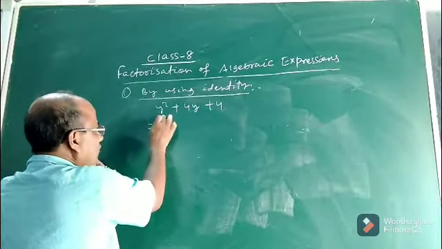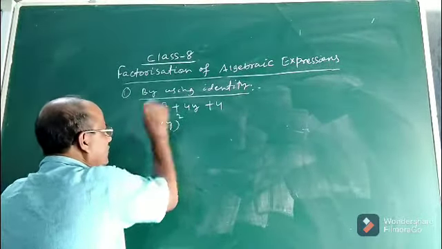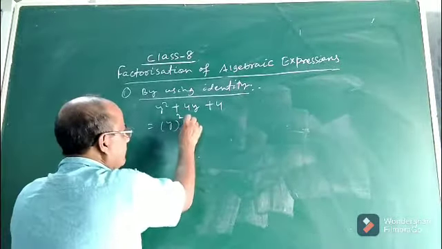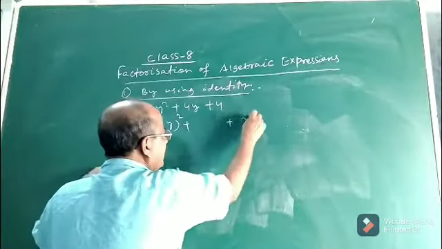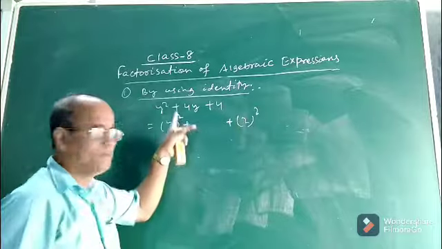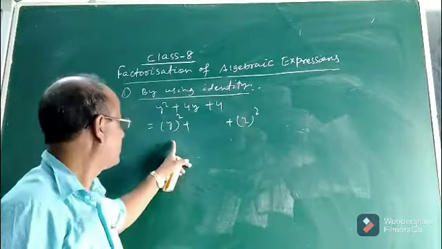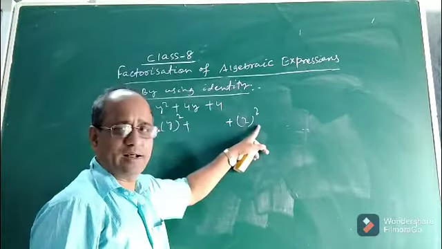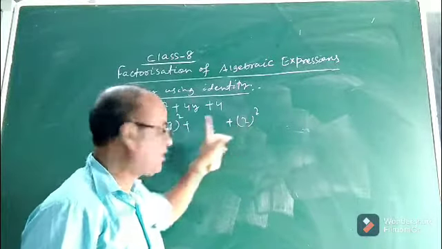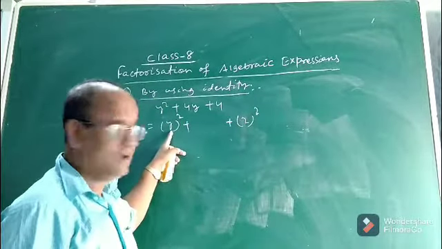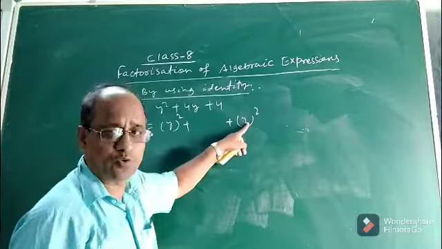In place of y square we can write y whole square plus, now 4 can be written as square of 2. So y square can be written as square of y, and 4 can be written as square of 2. Now take y as a and 2 as b.